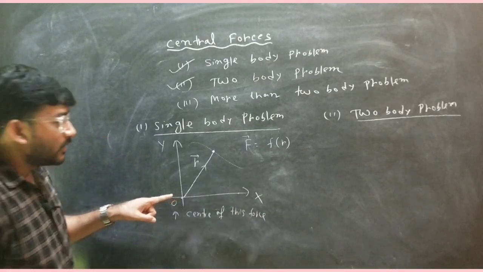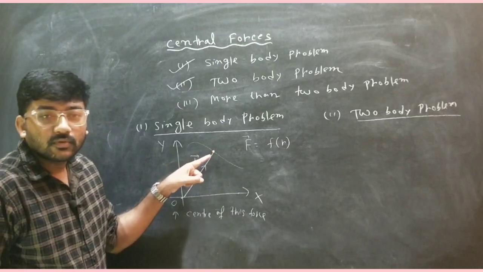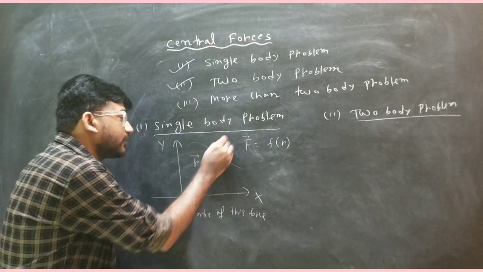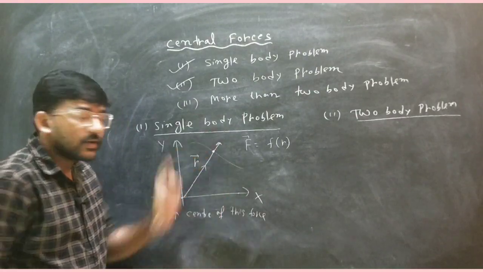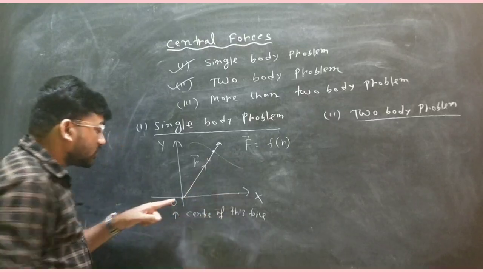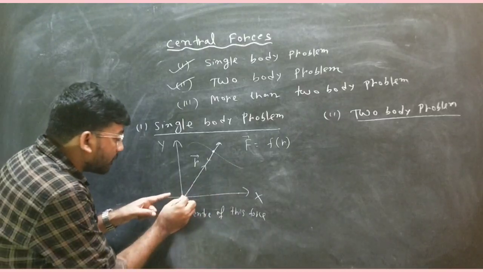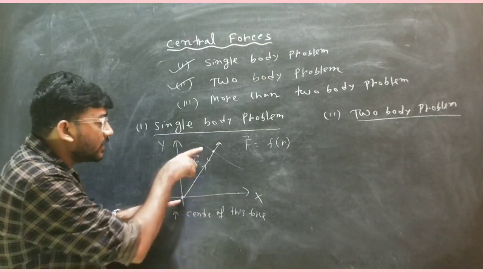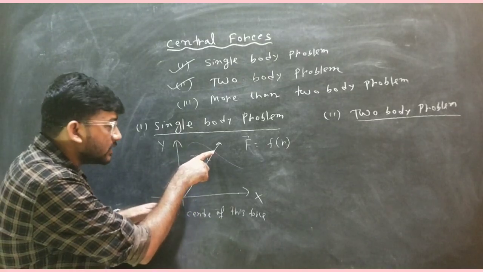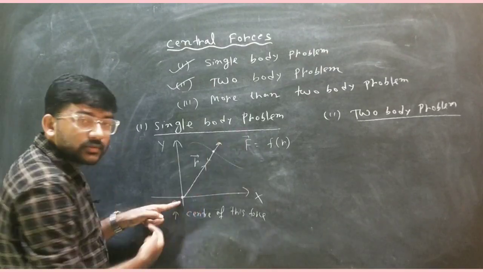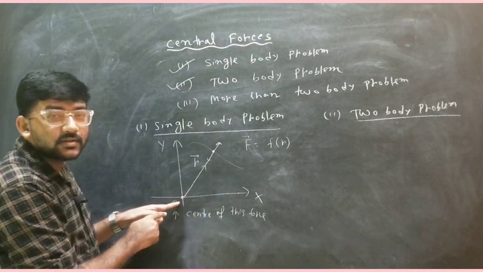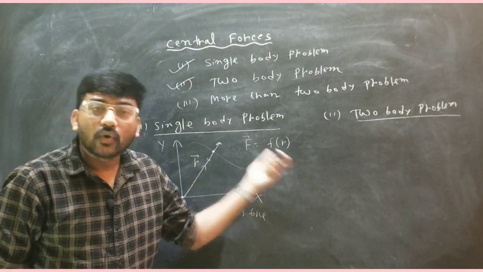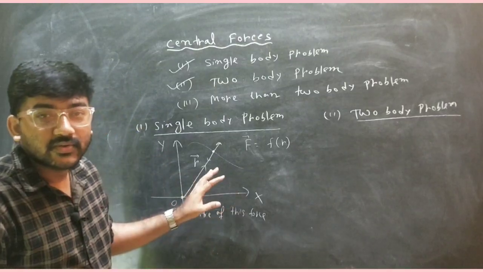The direction of this force on the particle must be away from this point or towards this point. So with respect to this pole, the center of origin, if the direction of force is either away from this point or towards this point, and if the force depends only on r, then we can call this force a central force for a single body system.